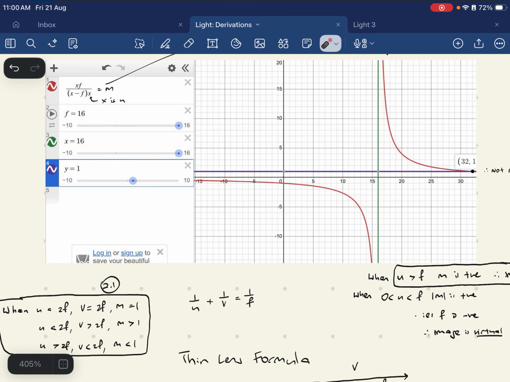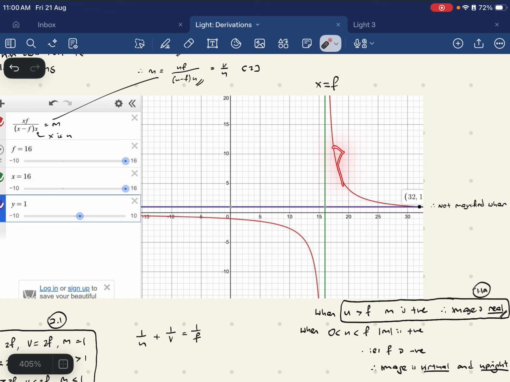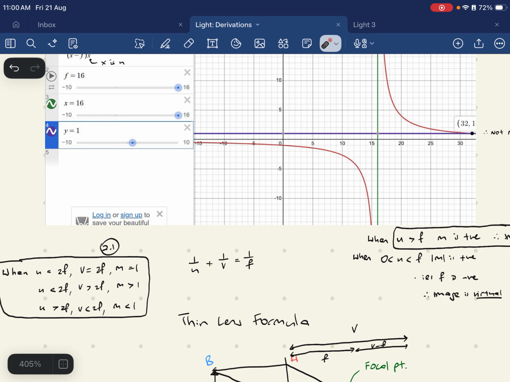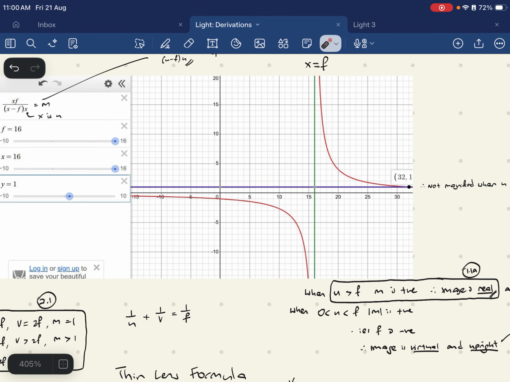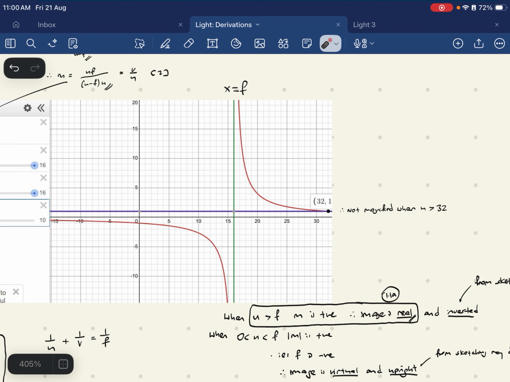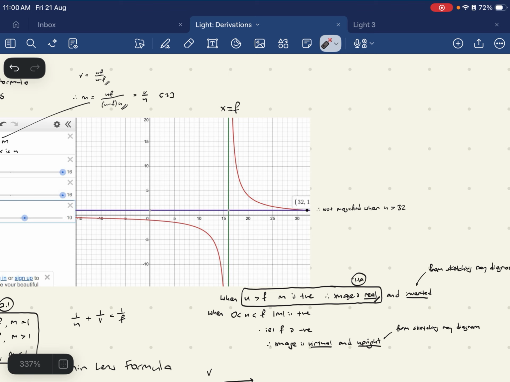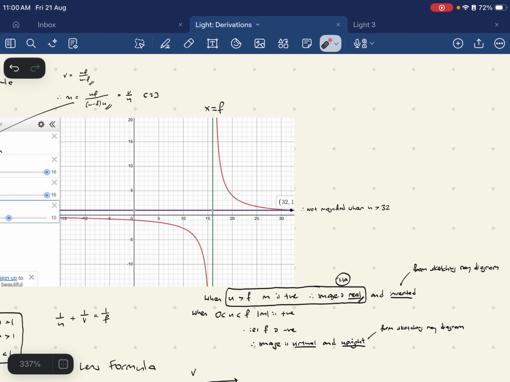But for all other positions, right, it's magnified even when you take it from 0 up until f. From 0 up until f, u is less than 2f and magnification is more than 1. So it's got some implications. One of the implications is that if u is greater than f, it is magnified.